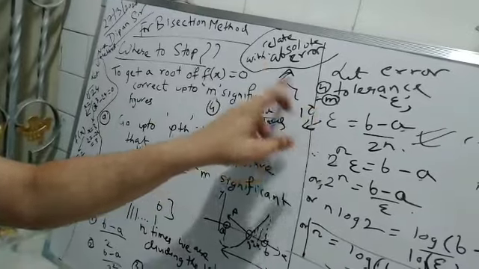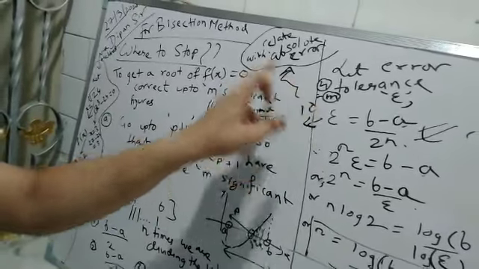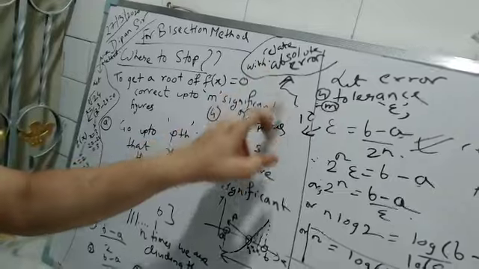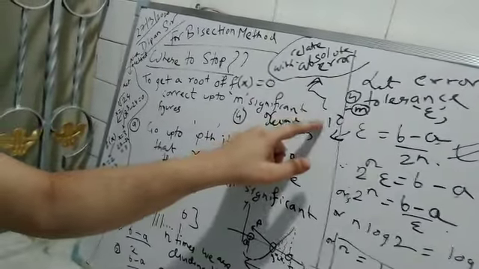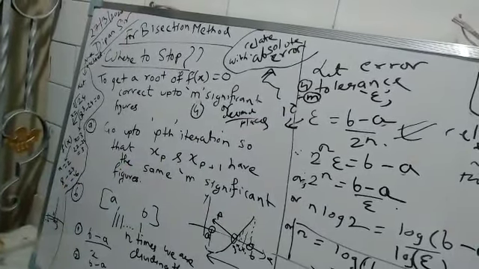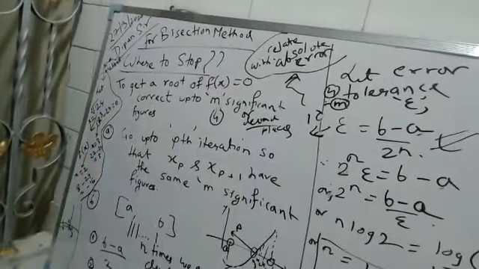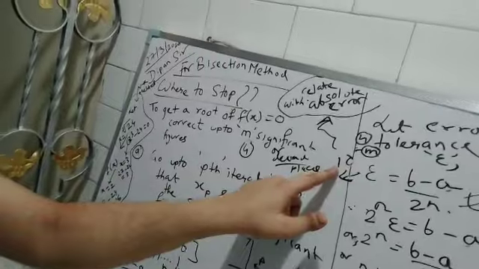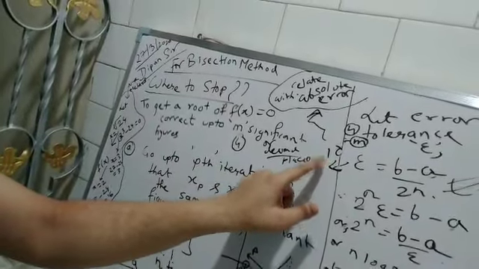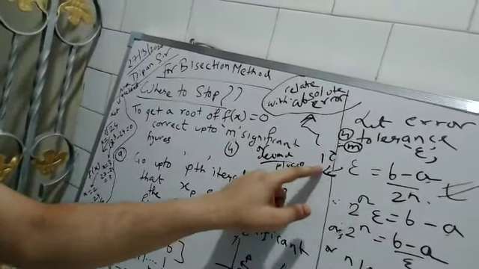If you map it with the absolute error restriction we did in module 1, it should be 0.5 into 10 to the power minus m. But I have neglected that 0.5. Mainly I am focusing on how many digits become 0.